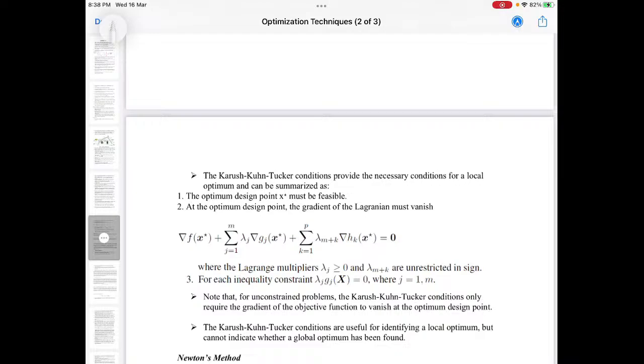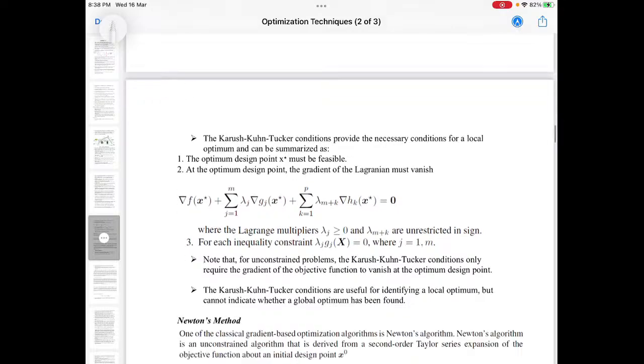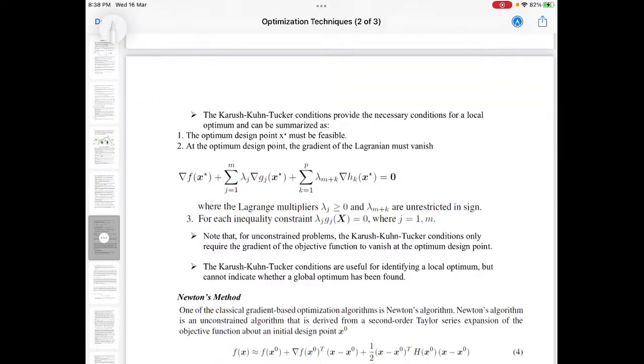The Karush-Kuhn-Tucker conditions are useful for identifying a local optimum, but cannot indicate whether a global optimum has been found.